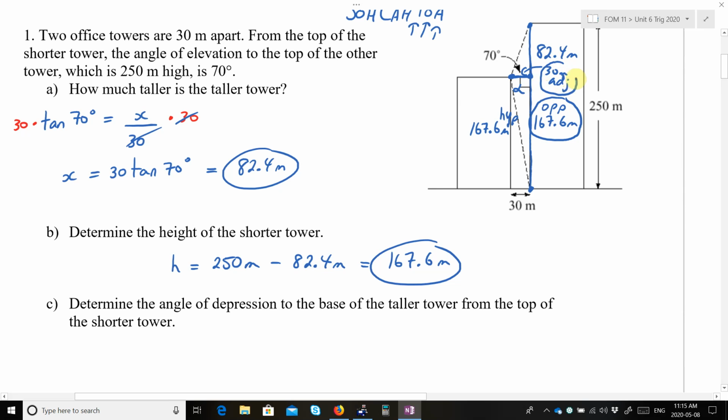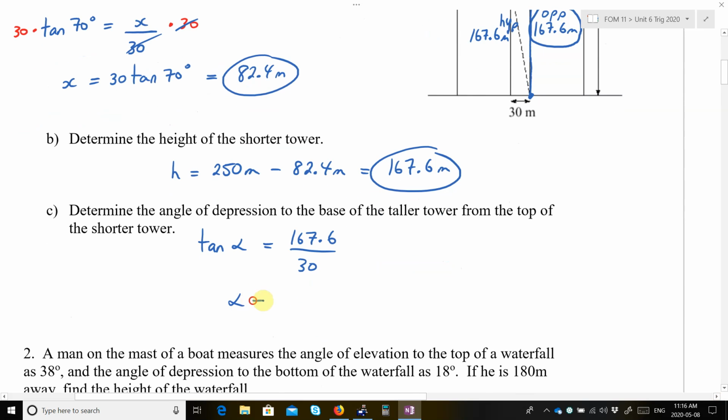So we've got the adjacent, which is 30, and the opposite, which is 167.6. So you go tan theta equals opposite over adjacent, and we are ready to solve for alpha.